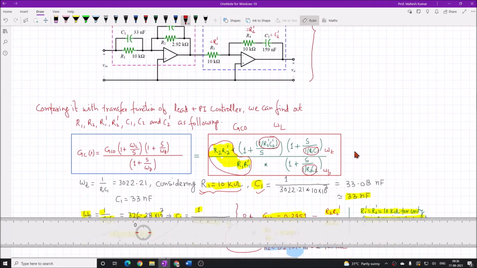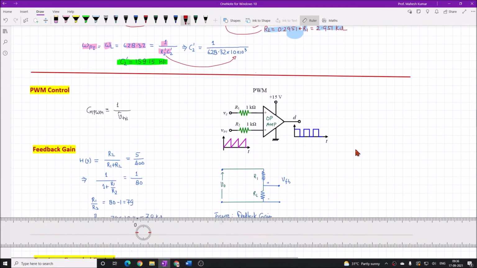Okay. Now after that, you can also revisit what the PWM control block is. As I said, this is the PWM control unit. We simply compare VC with V triangular. If you recall, the diagram that we have done was like this, and this was the VC.